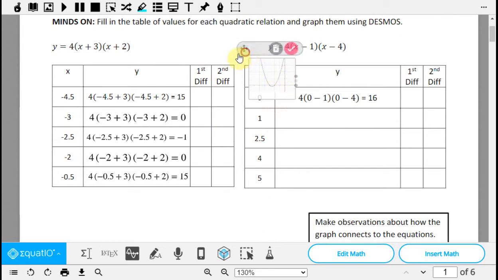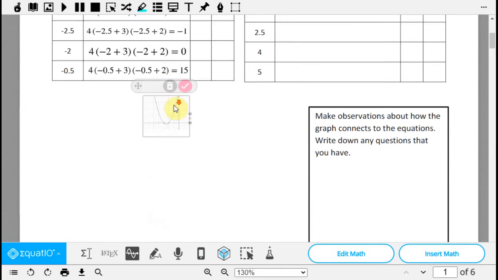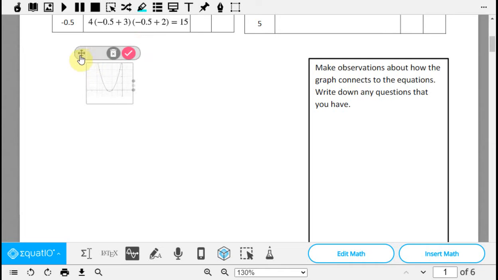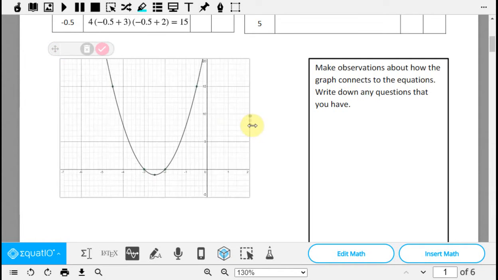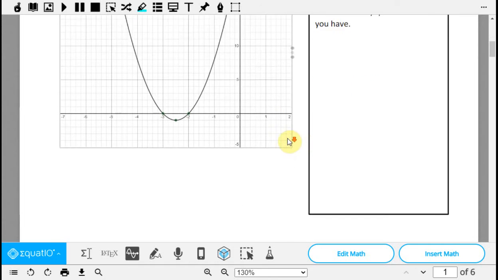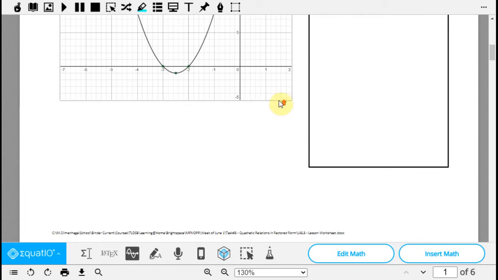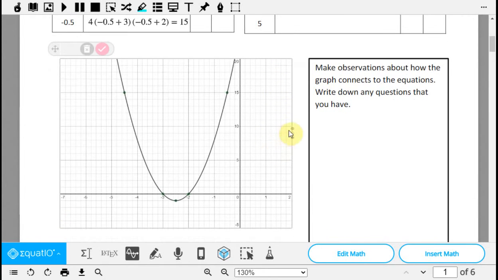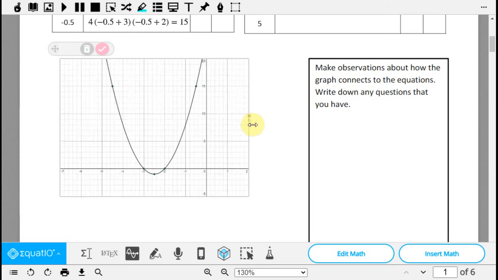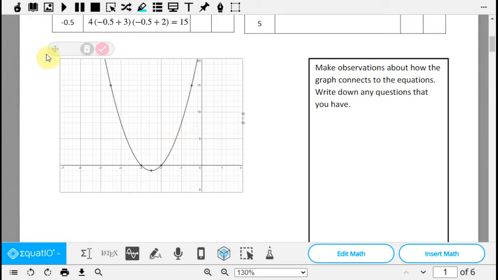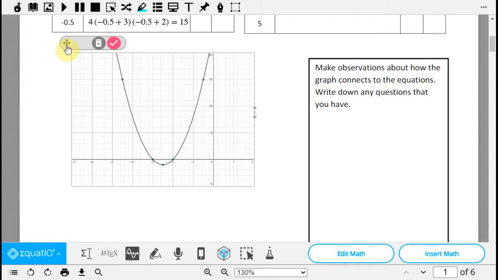Now we'll take that graph and move it over and make it larger so that we can refer to it later. So there's our first graph, and now we're going to do the same with the second one.